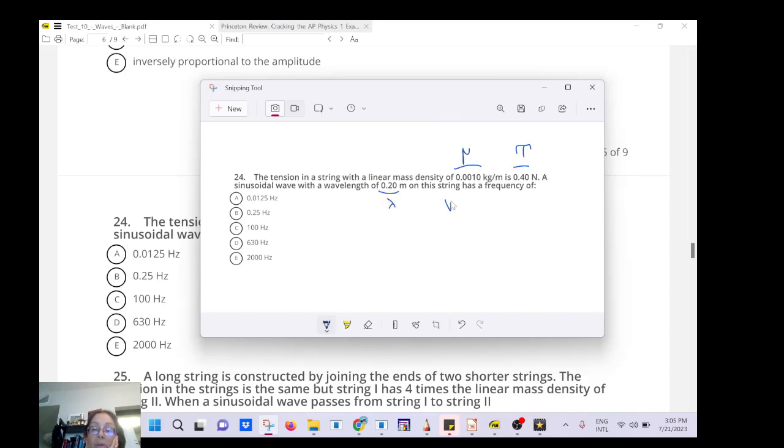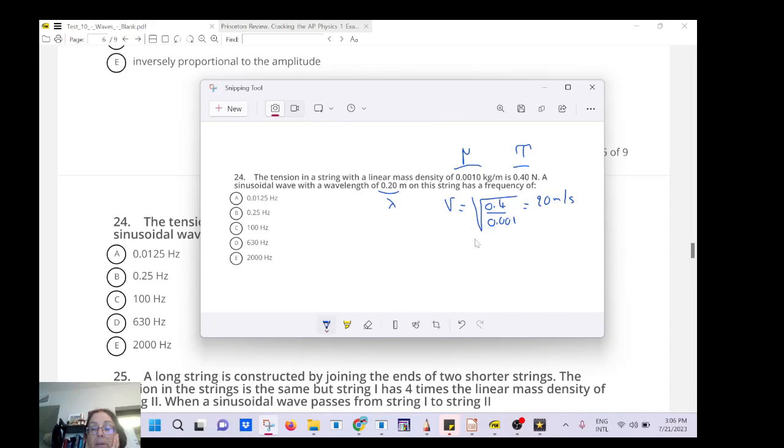Okay, so let's find the speed. So the speed is the square root of the tension, 0.4, divided by the mass per unit length, which turns out to be 20, because you take the square root of 400.